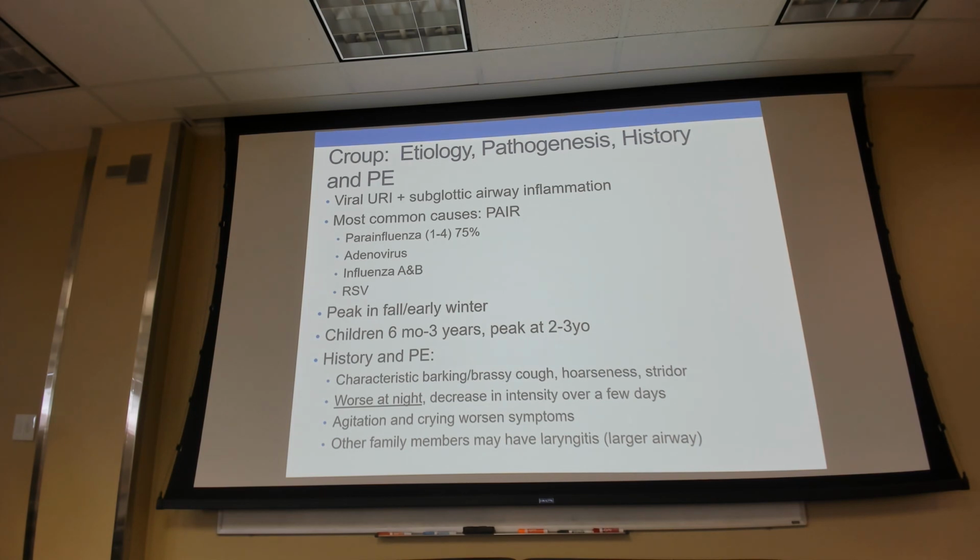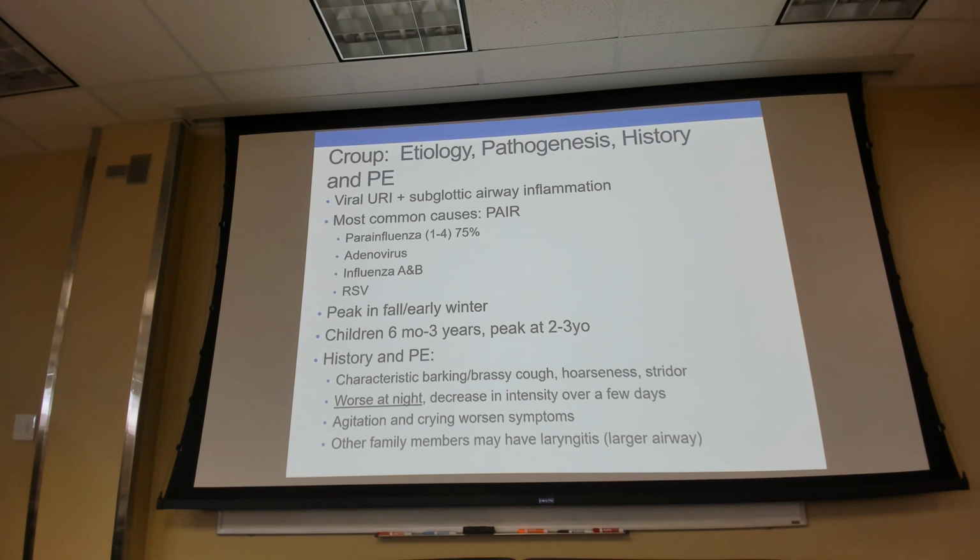So if you say that the kids are peaking at 6 months to 3 years, typically the worst at 2 to 3, you're like, well shoot, that was right when they had that cricoid ring, and now it's subglottic, so this is bad. And you're like, yes, that's exactly why it happens, particularly in these 2 and 3 year olds, because they have the perfect anatomical setup for this. And a floppy larynx, and they're more likely to get these viruses that cause it, right? So croup is a perfect setup for a toddler.